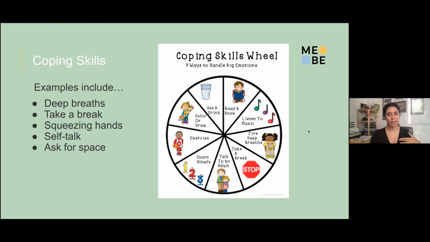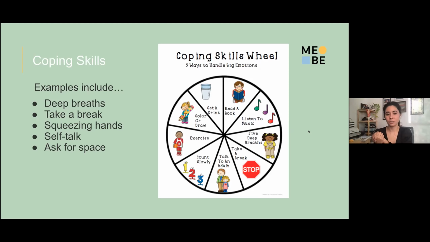Another one that might come into play, especially if you have a kiddo that tends to engage in aggression or talk with their hands a lot, and it just escalates and escalates, you can help them work on squeezing their hands really tight a couple of times, trying to come back down to earth a little bit. We do have self-talk.